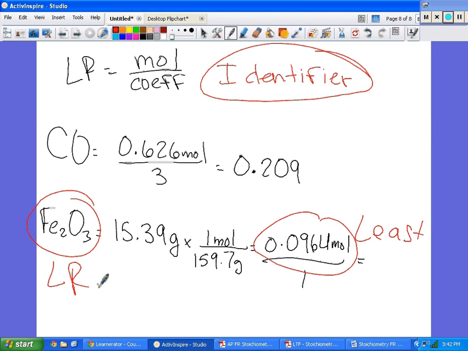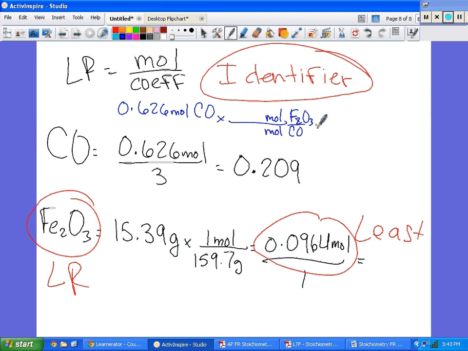Essentially, to be honest with you, if you want to think about it like this. All right, just follow the blue for just a second. 0.626 moles of CO. You with me? Okay. I want to go from moles of CO to moles of Fe2O3. Do you agree that all I'm doing right there is converting CO to Fe2O3?